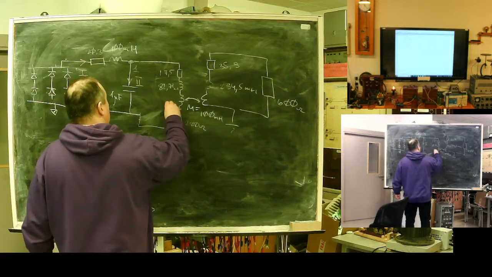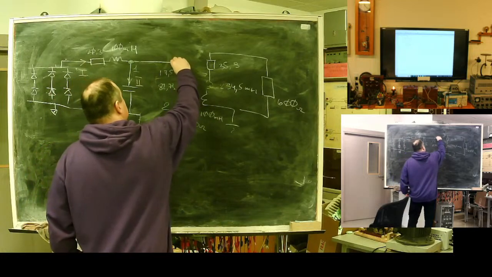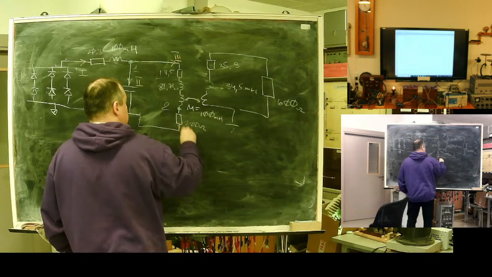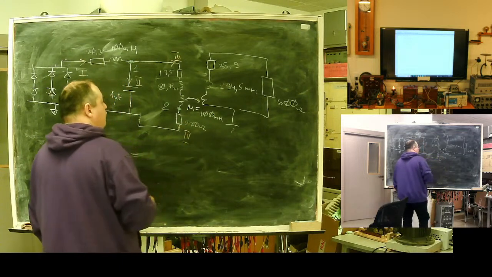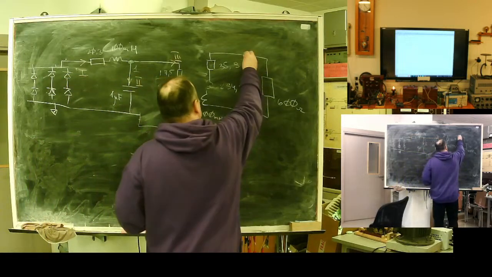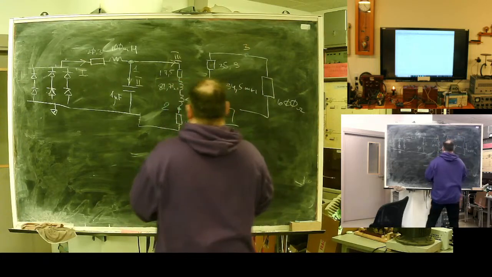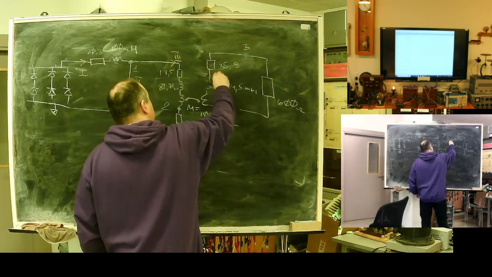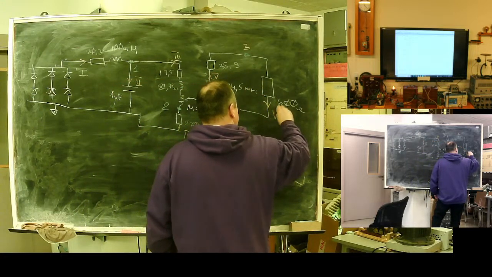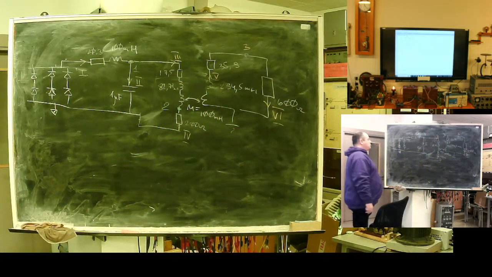So this will be node 2, and this one will be branch 3, and this, let's say, branch 4. Here will be node 3 and branch 5 and 6. Looks nice?